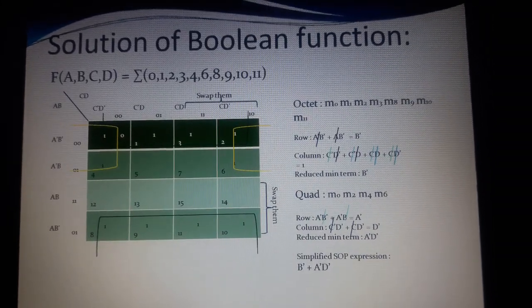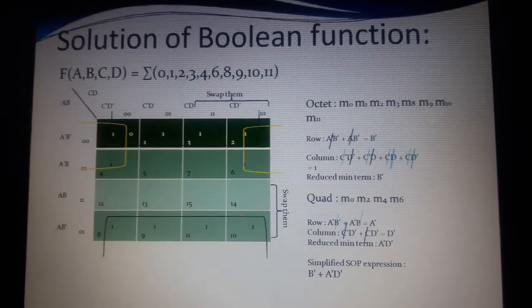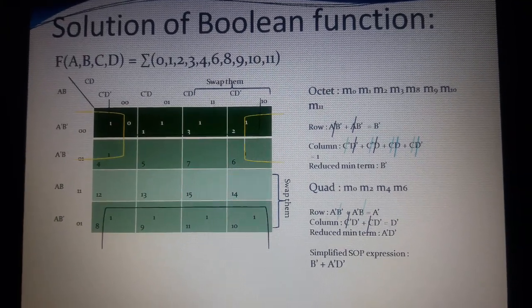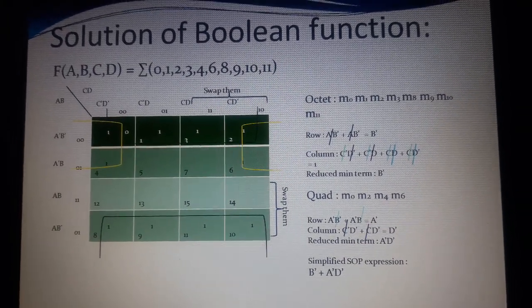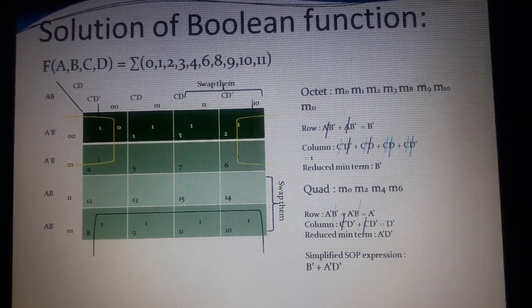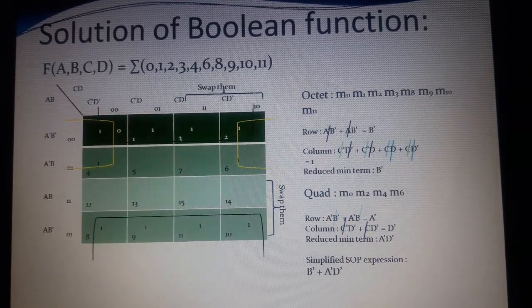One example I am going to solve for you. I created one Boolean function. In that Boolean function I mentioned all positions together of SOP form, because always remember, summation indicates SOP and pi indicates POS.